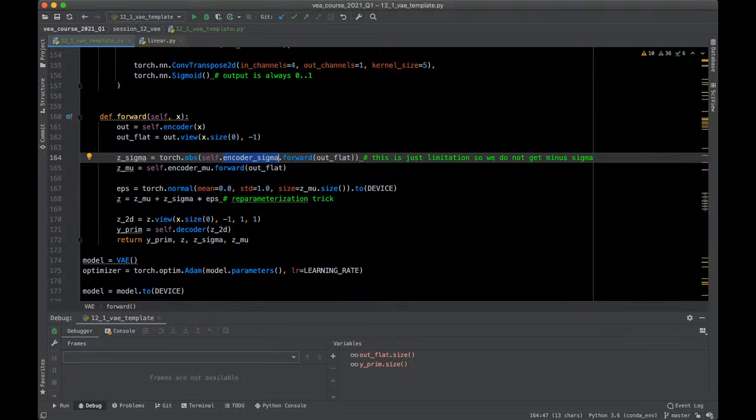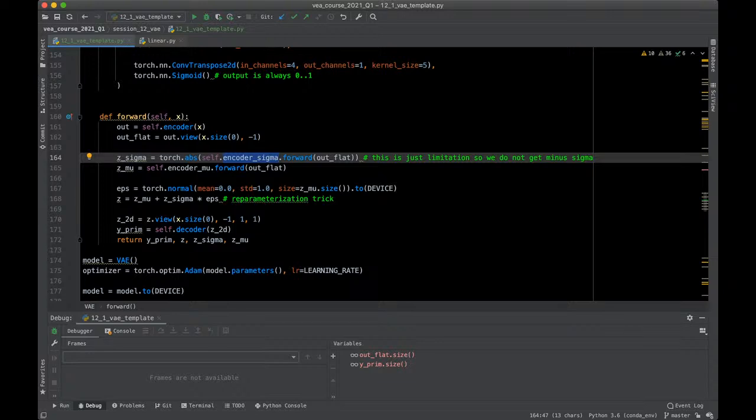If we don't have that ABS here, I think most likely the sigmas would slowly go from negative to positive, but it will take a lot longer time. So that is my reasoning for that part.